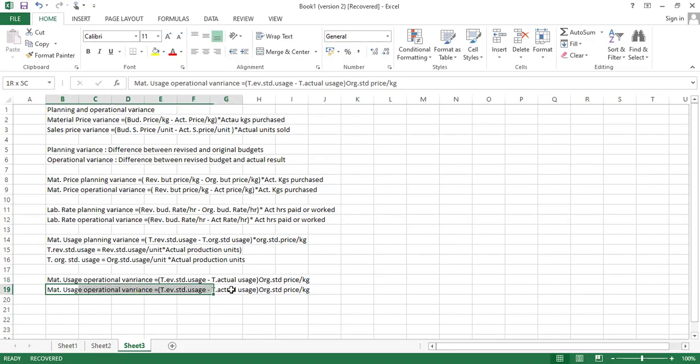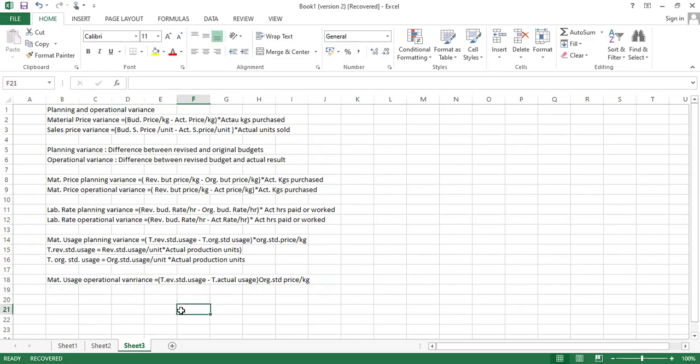Material usage operational variance is done. This is the material usage operational variance.